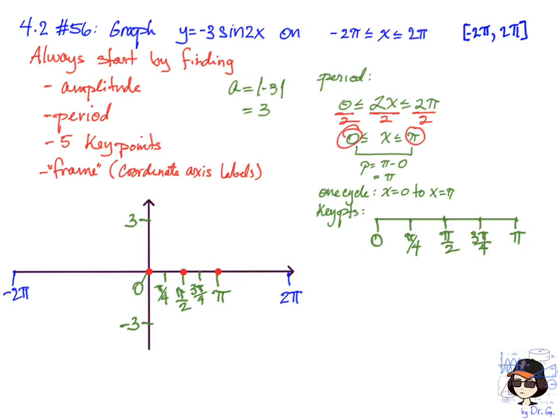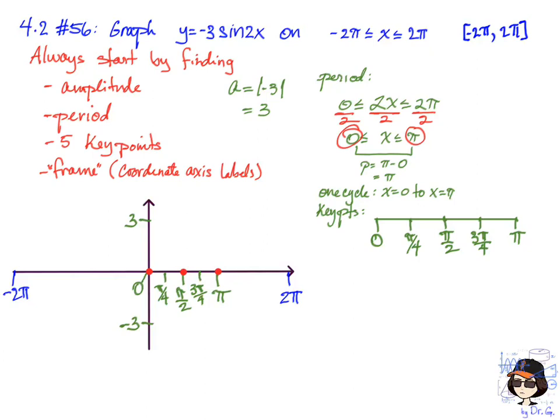So if I plug in pi over 4 into the function, 2 times pi over 4 is pi over 2. Sine of pi over 2, I know, is 1. You guys have to have those memorized by now. Sine of pi over 2 is positive 1.